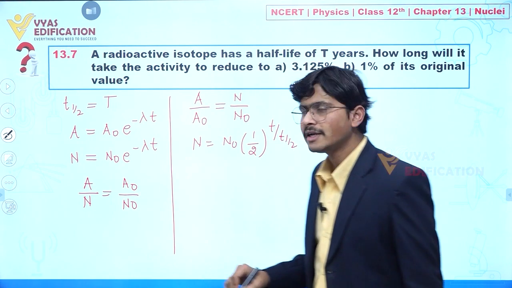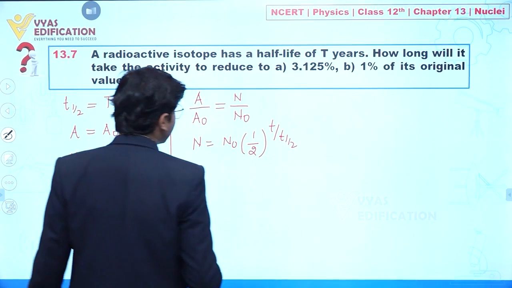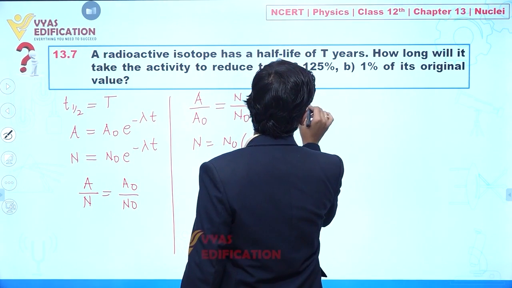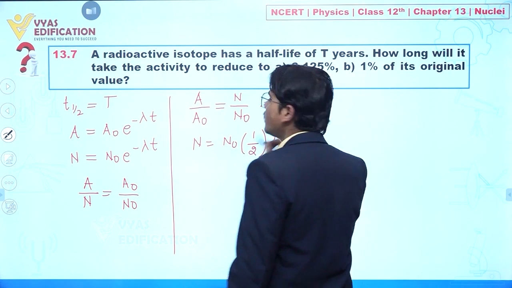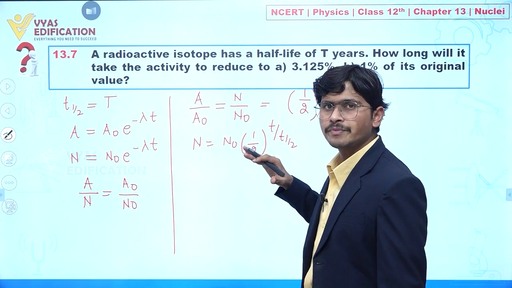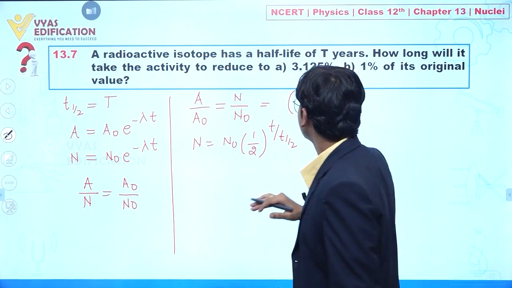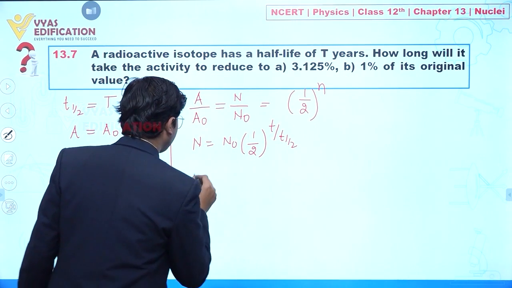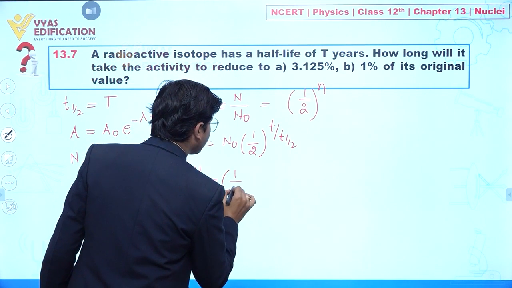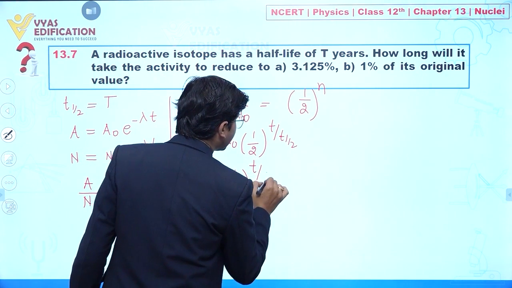So N by N naught equals 1 by 2 to the power n, where n is time t divided by the half-life period. So N divided by N naught equals 1 by 2 to the power t divided by capital T.